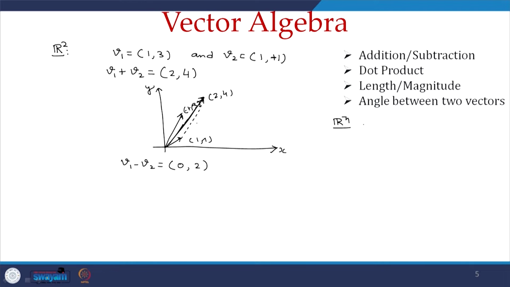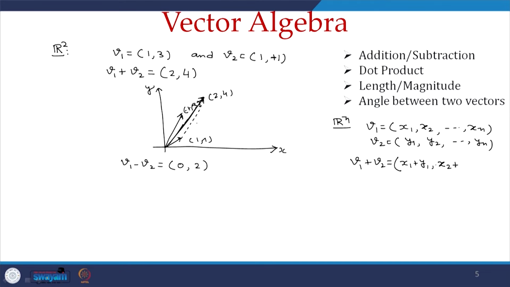So, in Rn if you are having 2 vectors, let us say v1 is x1, x2, ..., xn and v2 is y1, y2, ..., yn. Then v1 plus v2 will be, you add first component of both of these vectors and write it as the first component of the sum of these 2 vectors.